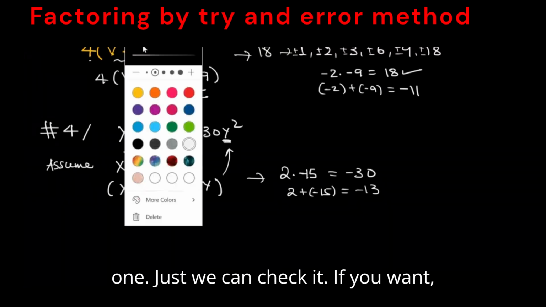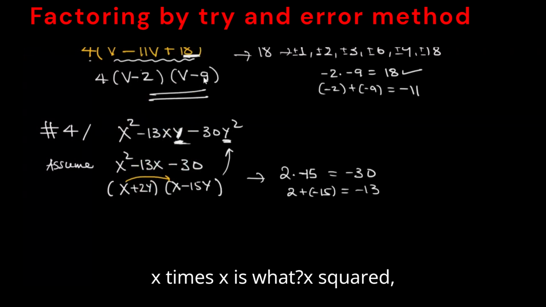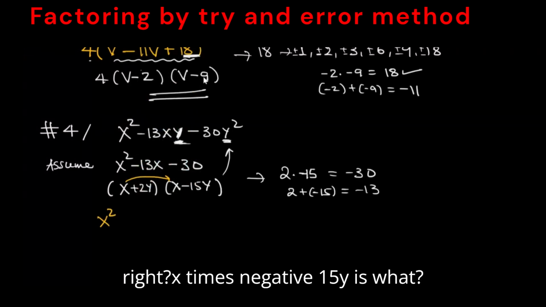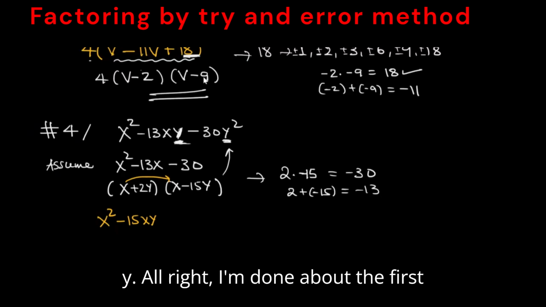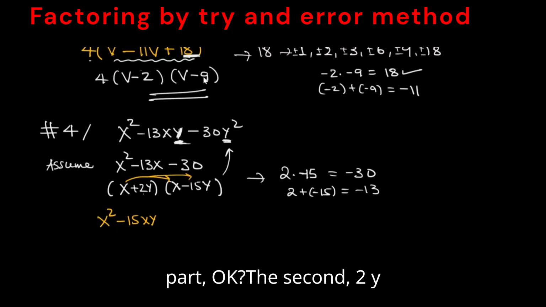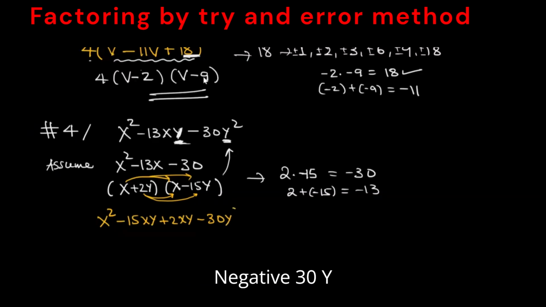We can check it if you want. So let's FOIL it. X times x is what? X squared, right? X times negative 15y is what? Negative 15xy. All right, I'm done with the first part. The second, 2y times x is positive 2xy. And then 2 times negative 15y is negative 30y squared.